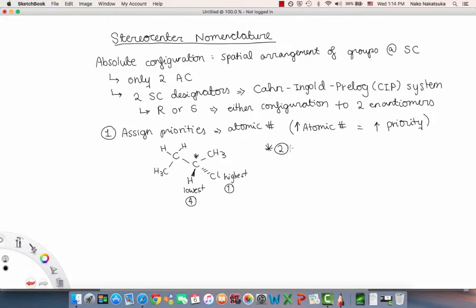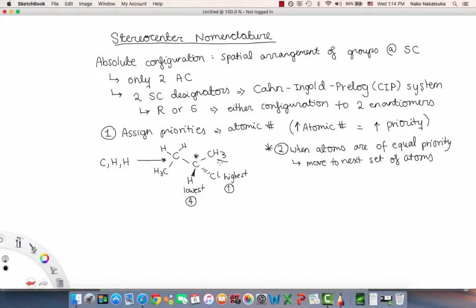So number 2 says when atoms are of equal priority, then you move to the next set of atoms. So what does that mean? In this case, what is this carbon bonded to? It's bonded to one carbon and two hydrogens, right? So carbon, hydrogen, hydrogen. What about this carbon?